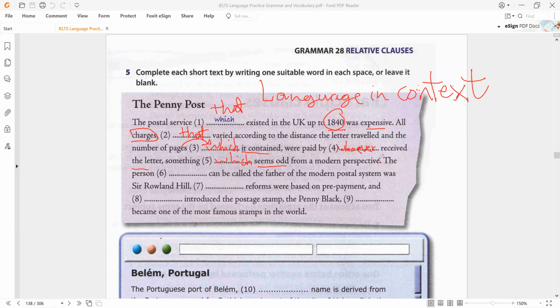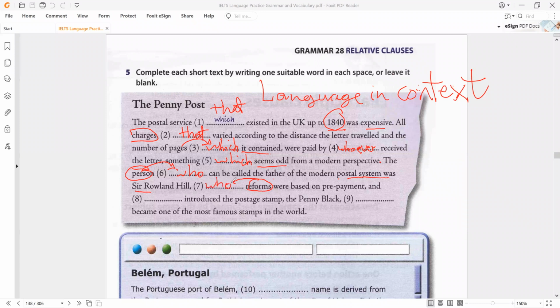The person who can be called the father of the modern postal system was Sir Rowland Hill. Reforms.